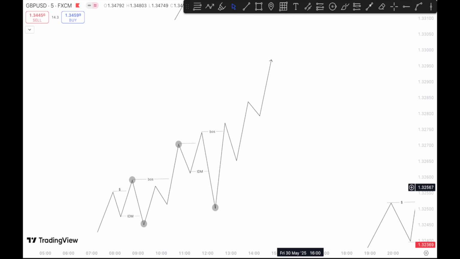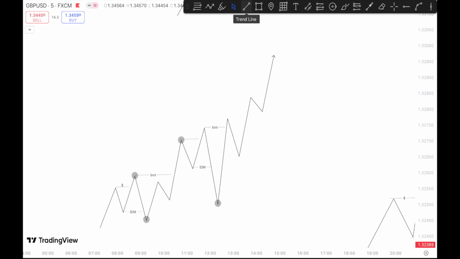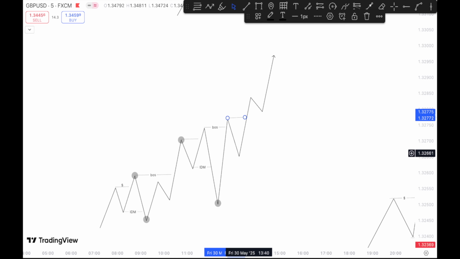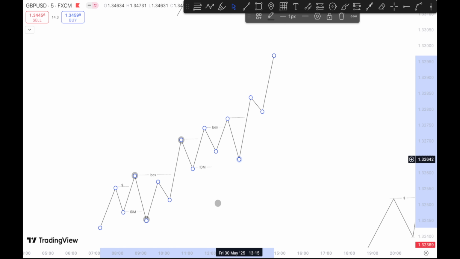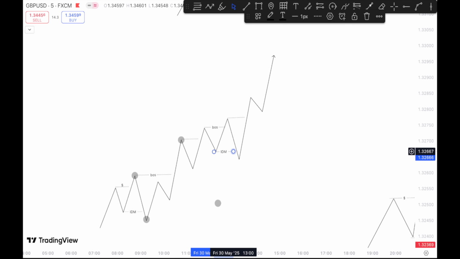I can see ICT traders mark their break of structure on every high broken, but that's not the case. Over here, suppose inducement was not taken over here and inducement was taken over here, this would be your inducement. Inducement is not taking any lows, it's taking the previous low, the recent low.